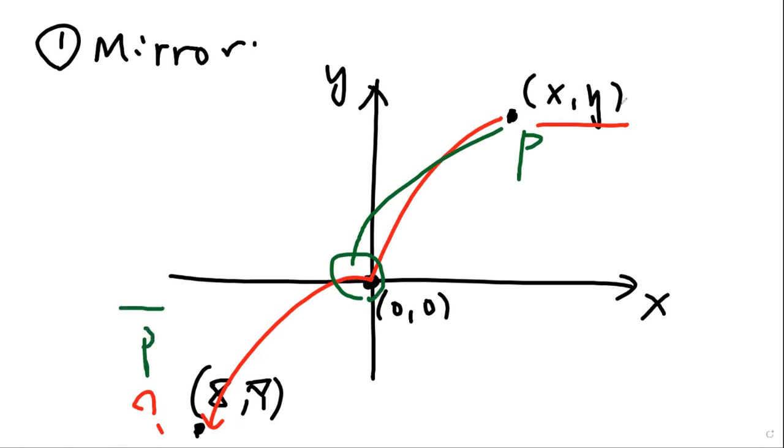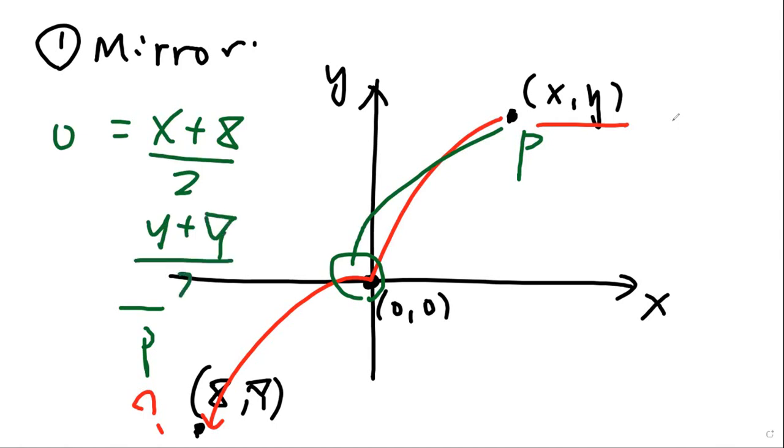So what we know is that (x plus big X) divided by 2 would be equal to 0, and (y plus big Y) divided by 2 would be equal to 0. So you can solve the equation, and big X equals minus x, big Y equals minus y. This is pretty simple.